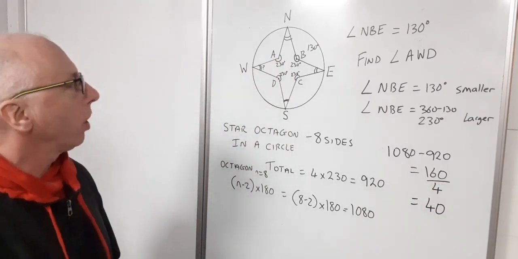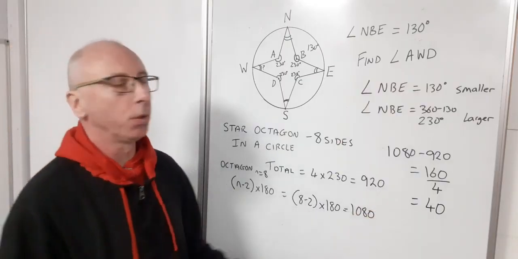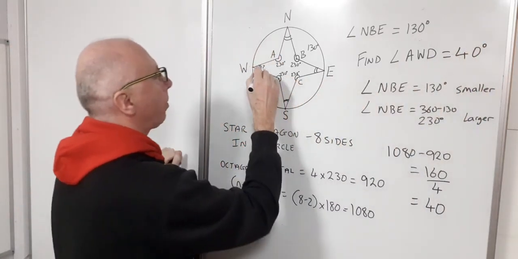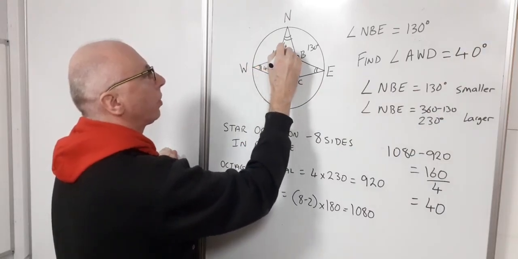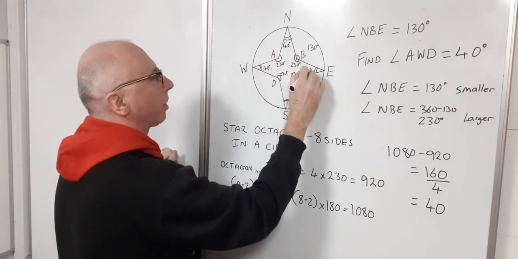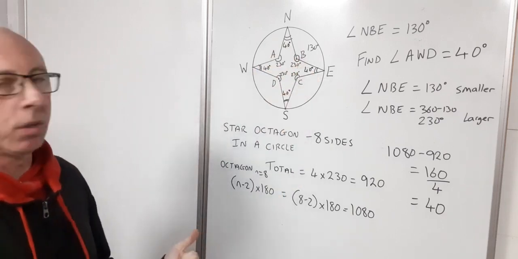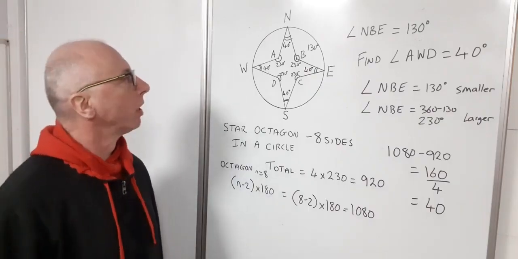So therefore we can conclude that angle AWD is going to be 40 degrees. So hence that one there is 40 degrees. And we've also got 40 degrees here, 40 degrees here, and 40 degrees there. And that will account for all 8 interior angles of our star-shaped octagon.